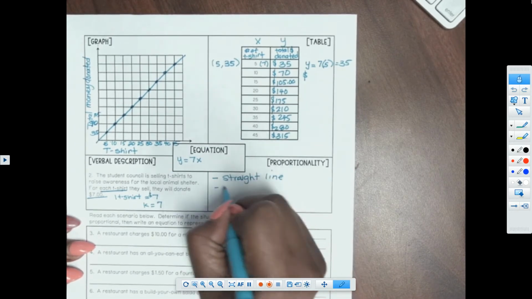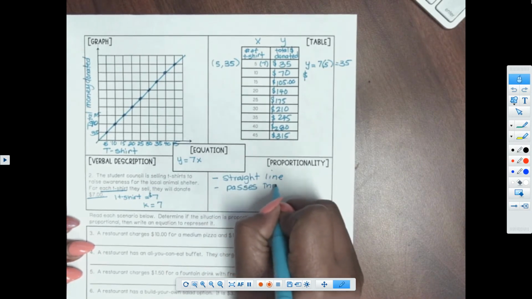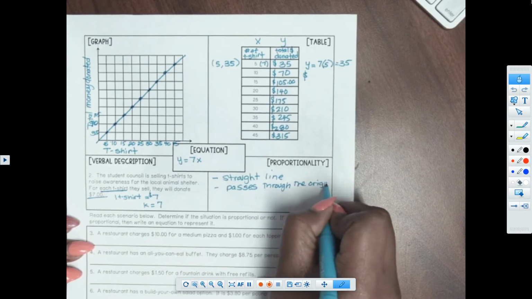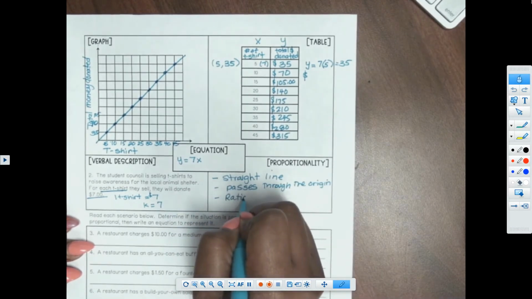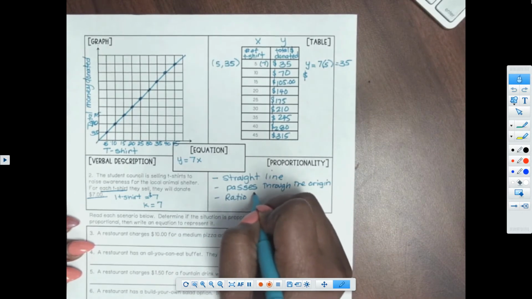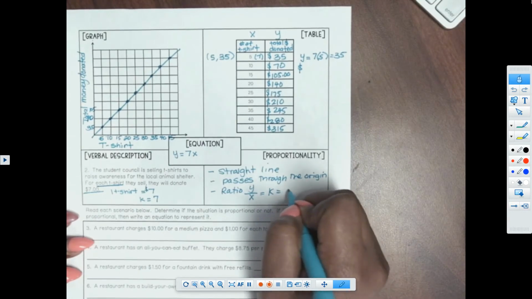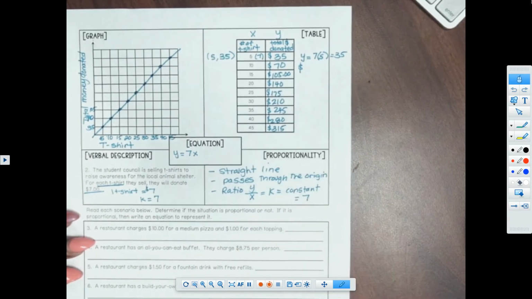It passes through the origin. And then my ratio of Y over X, or my K, is constant and equal to 7, okay?